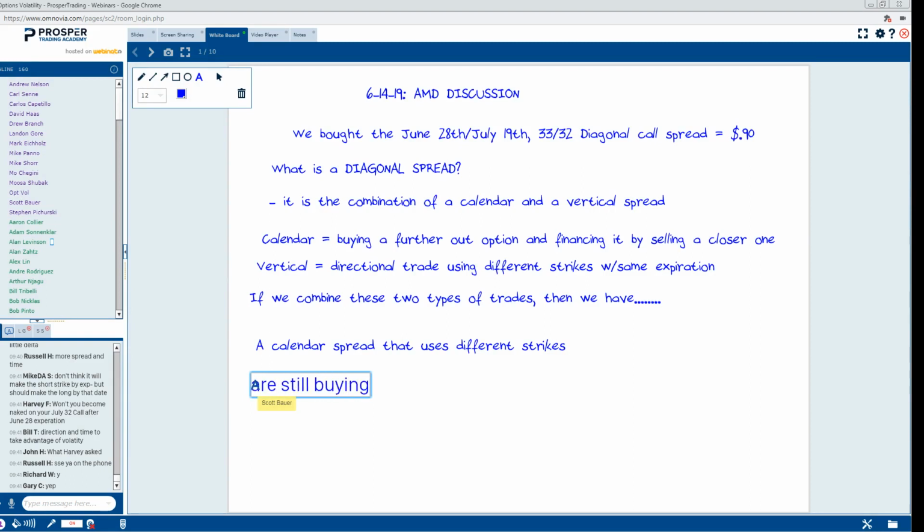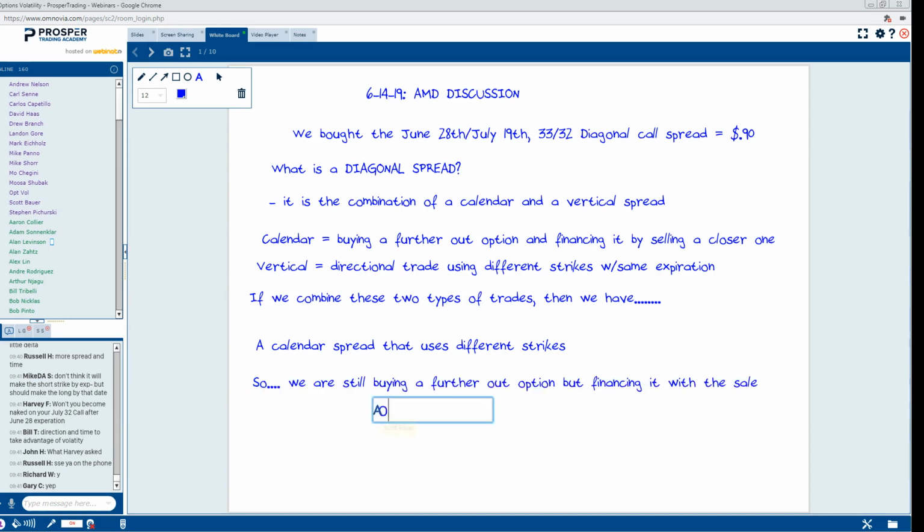So we are still buying a further out option, but financing it with the sale of a shorter dated option.